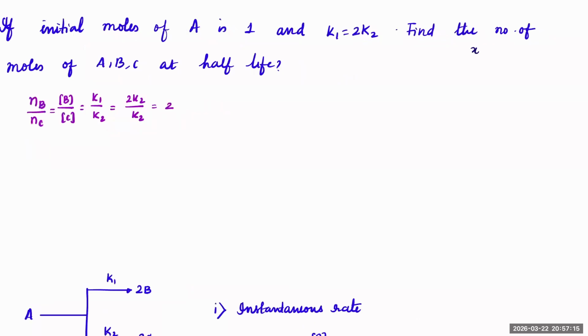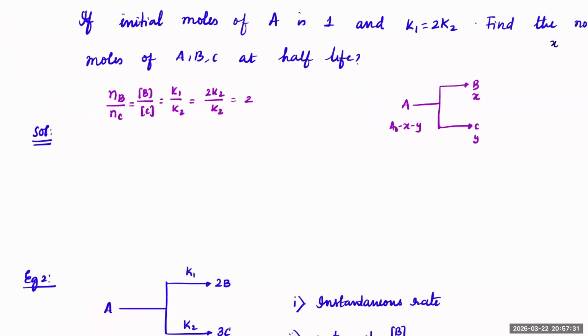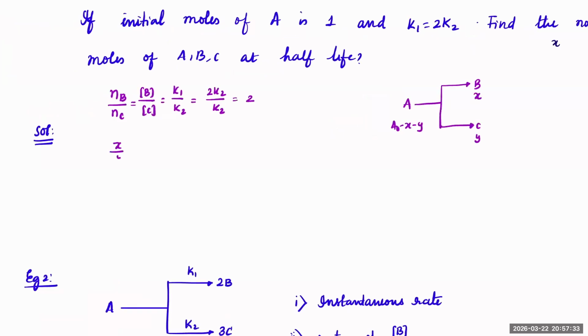Secondly, A giving B and C, here this will be A naught minus X minus Y, and this will be X and Y, which means I know that X by Y is equal to 2.